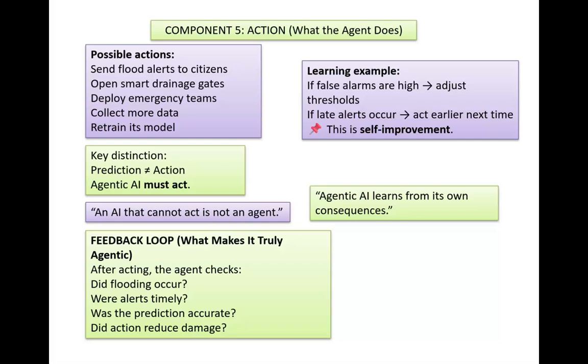Were there any false alarms? Did my action reduce damage? If the alerts were too late, the agent will learn to act earlier next time. If there were too many false alerts, the agent adjusts its decision threshold. This ability to learn from consequences is what makes the system truly agentic.